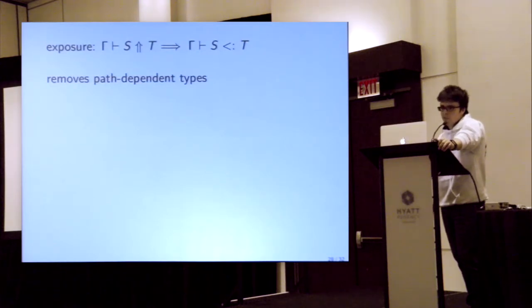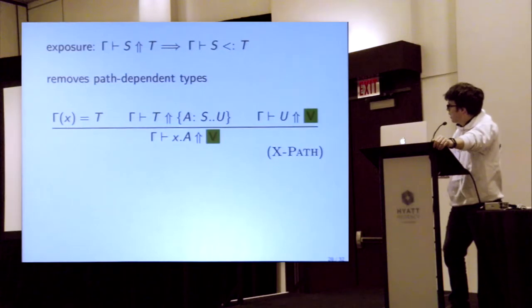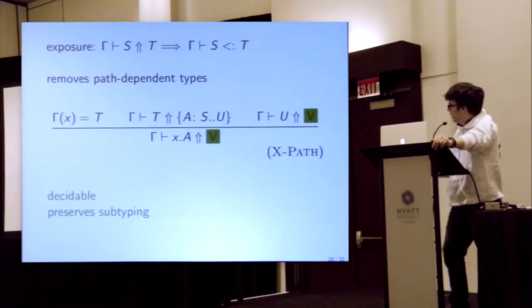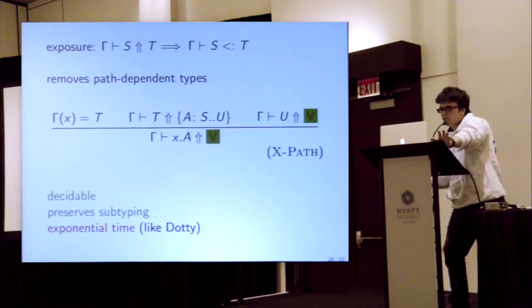For example, in the previous example, a function type that will allow you to type check the whole expression. And there are a bunch of rules to calculate exposure, but the important part is that the exposure operation is decidable. It terminates, it preserves subtyping, which is key for soundness, and it takes exponential time.